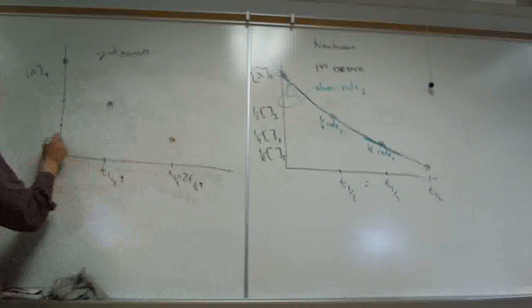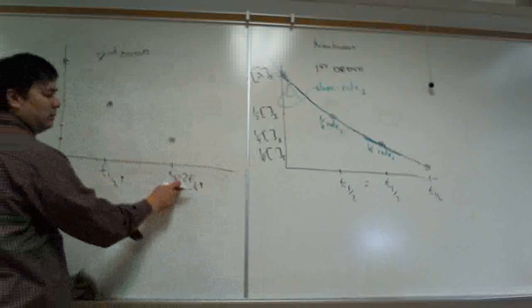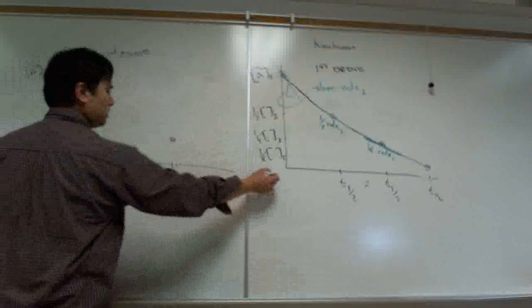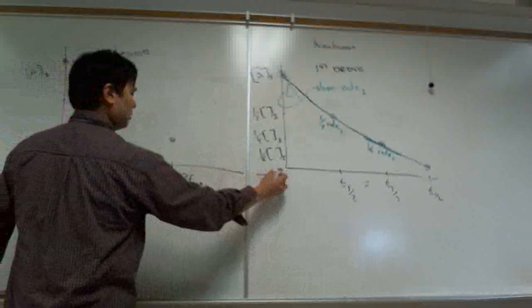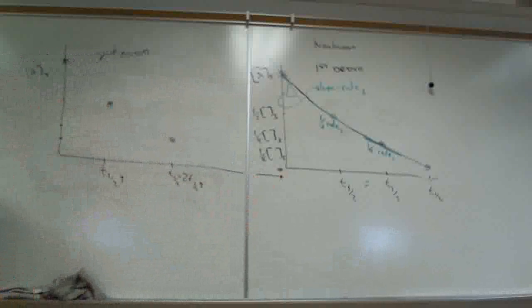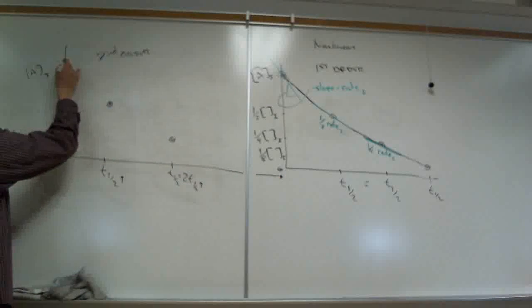Then I look at the next T1/2, cut this in half, and it would be double the previous one, or quadruple the initial. And so it's going to be way out here. And so this would be the next interval. And so each successive half-life doubles, so it just expands out the curve.